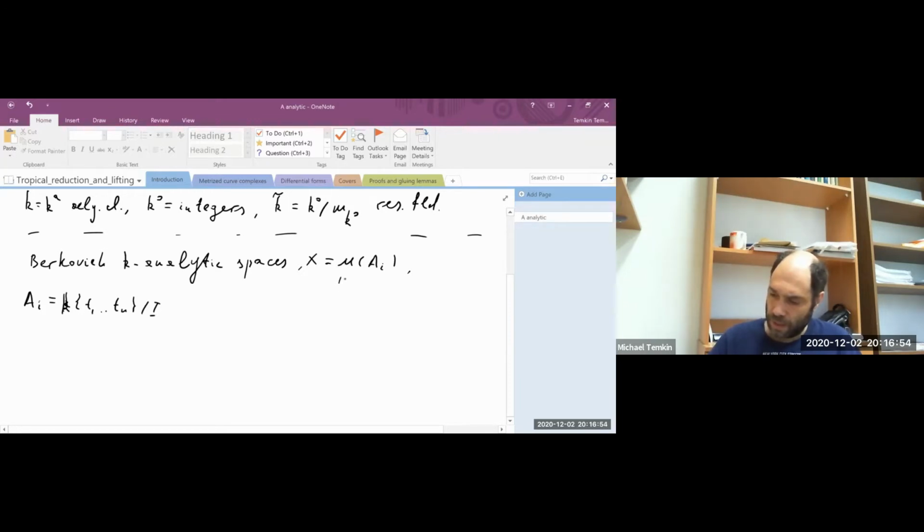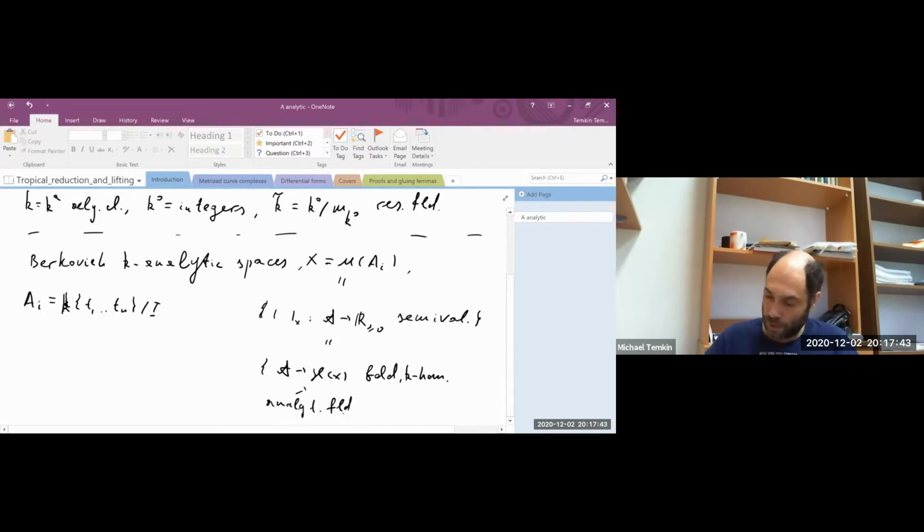And this guy can be described in two ways. First of all, as a set of all real semi-evaluations, that is continuous multiplicative semi-norms on A agreeing with K. Or one can also describe this as the set of bounded K-homomorphisms to an analytic field containing K, modulo equivalence.